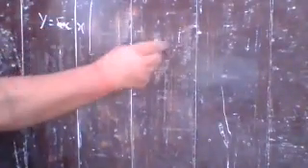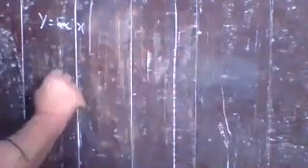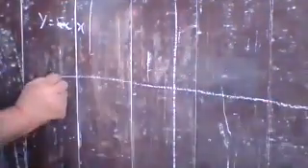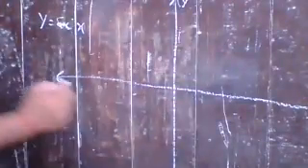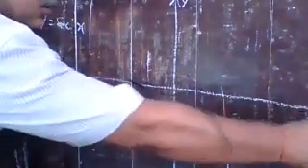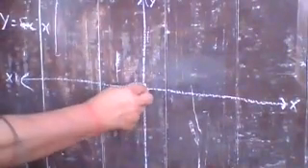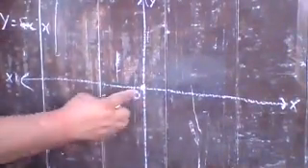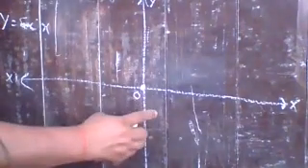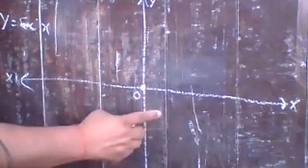So here you write y is equal to sec x. Y dash, x dash, and here you take x. Okay, here you have 0, and you know at x is equal to 0, the value of sec x is equal to 1.